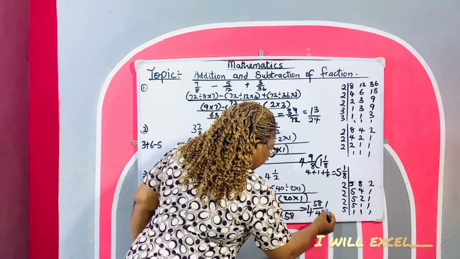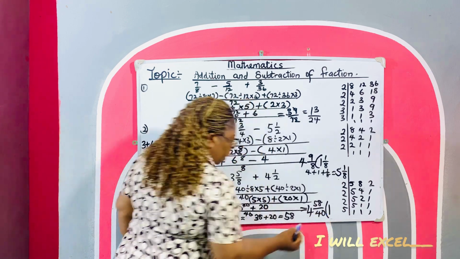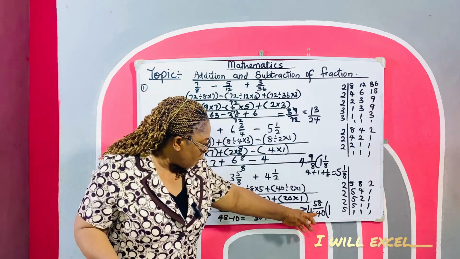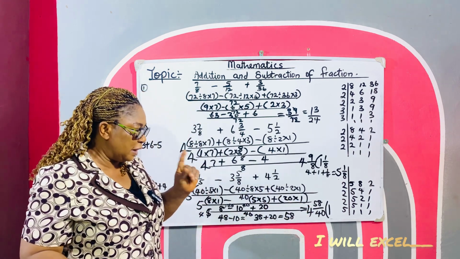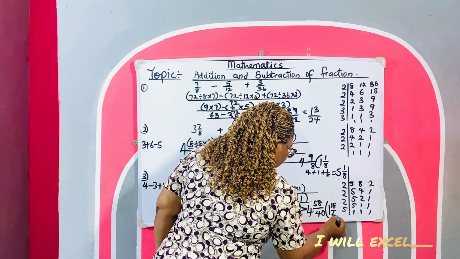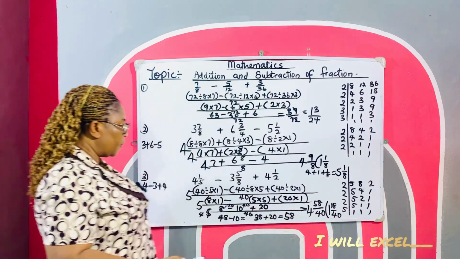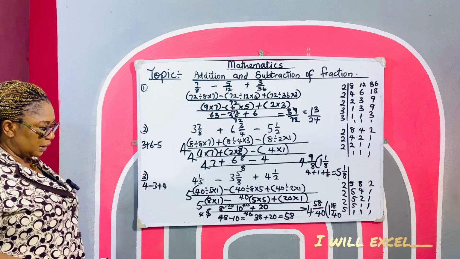When we change it, it becomes 1, because only 1 times 40 can we get here. And when we get that 40, what is remaining is 18. 18 over 40. Not only that, we will still reduce it to its lowest term.